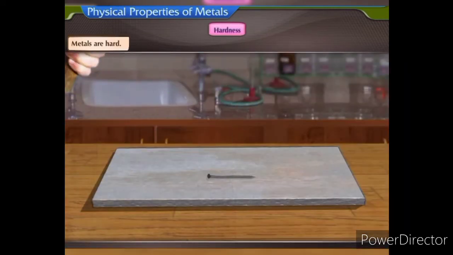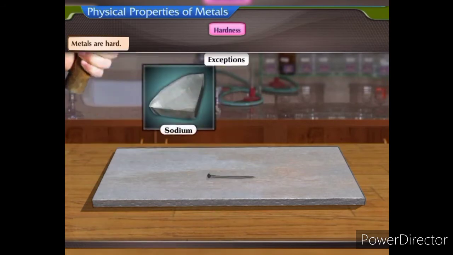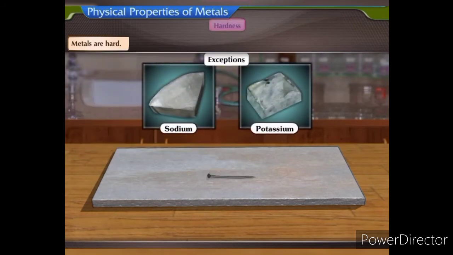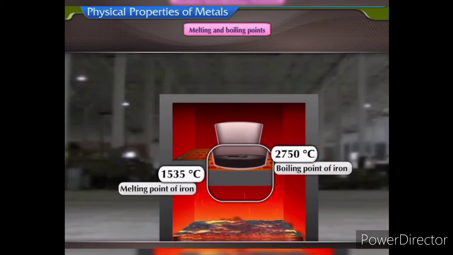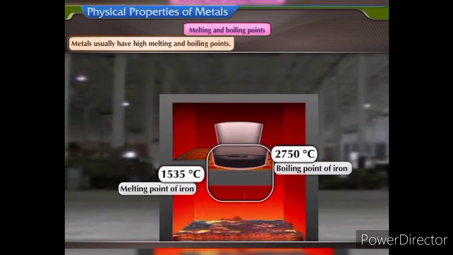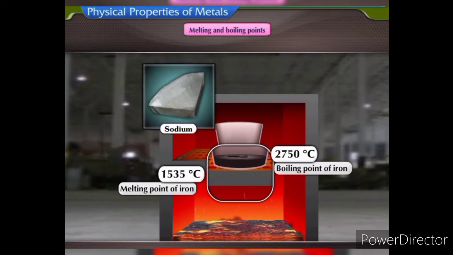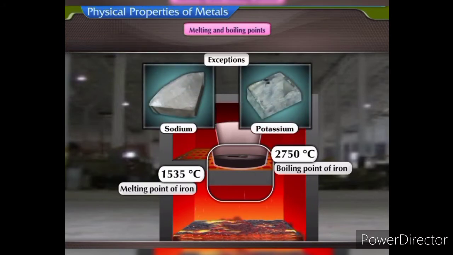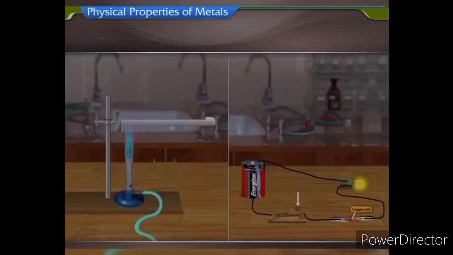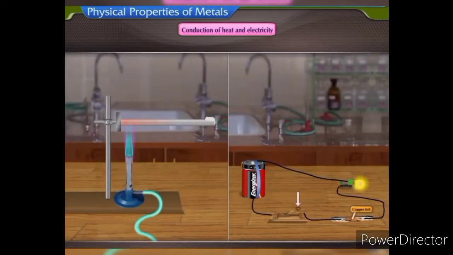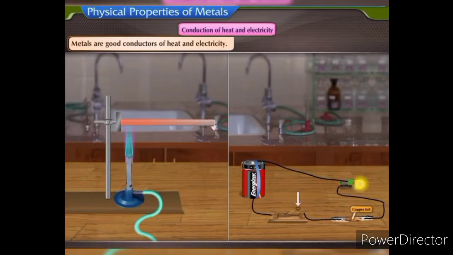Hardness. Metals are hard. Exceptions are sodium and potassium. Melting and boiling points. Metals usually have high melting and boiling points. Sodium and potassium are exceptions. Conduction of heat and electricity. Metals are good conductors of heat and electricity.